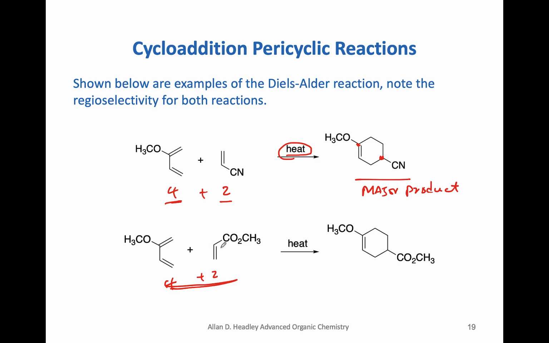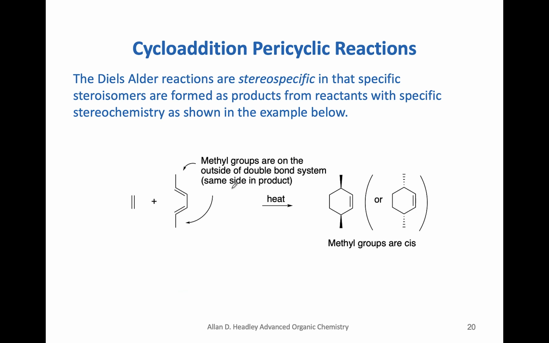And now we will not get the reaction product in this region, but here, because as we illustrated earlier, this is electron donating, this is electron withdrawing, and it will give here the 1,4 as the product. So look out for that in terms of predicting the products for these reactions.